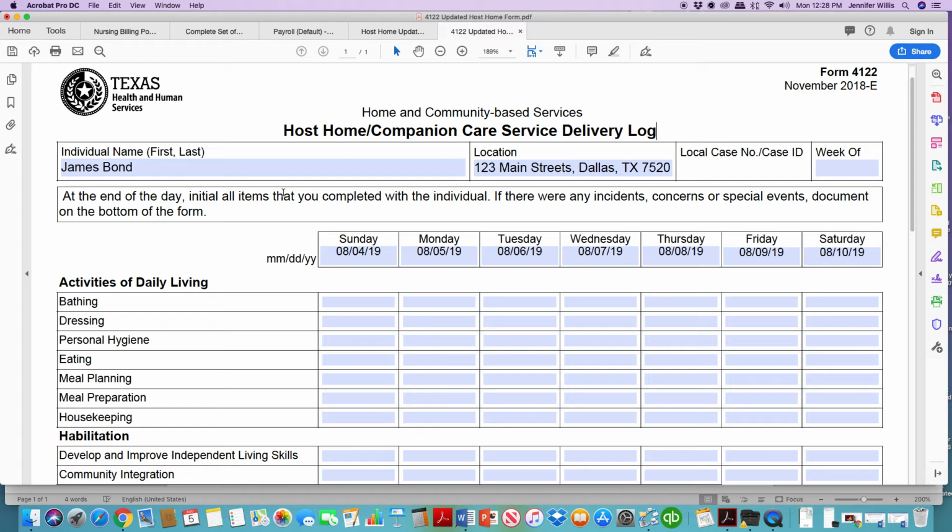And then each person does continue to have a local case number or case ID. You're going to continue to enter that. That must always be on each form.